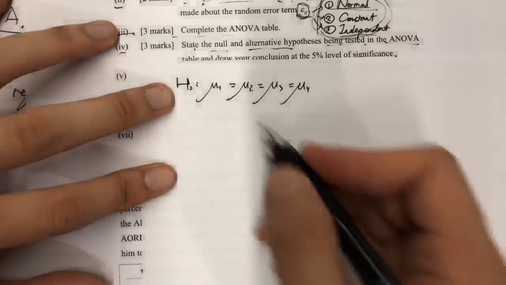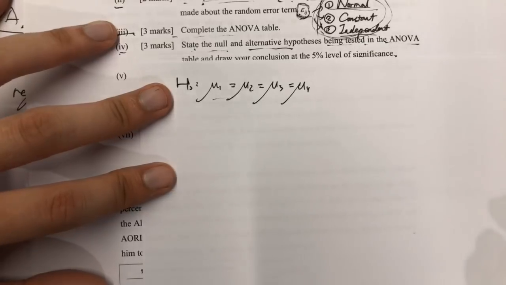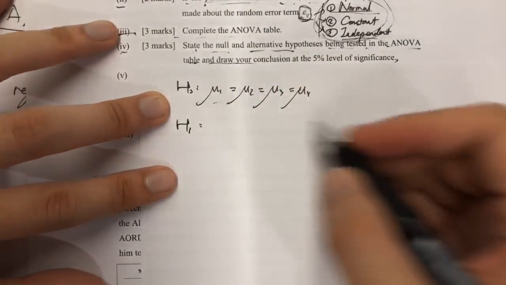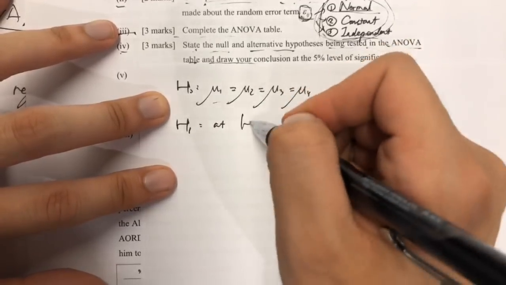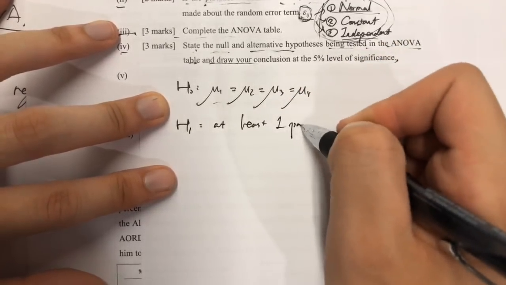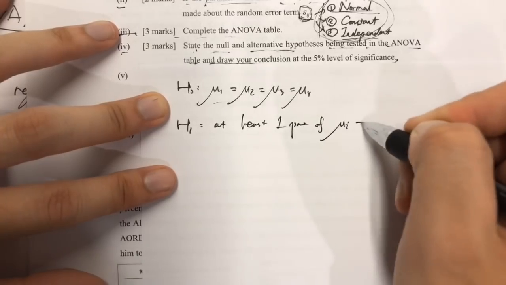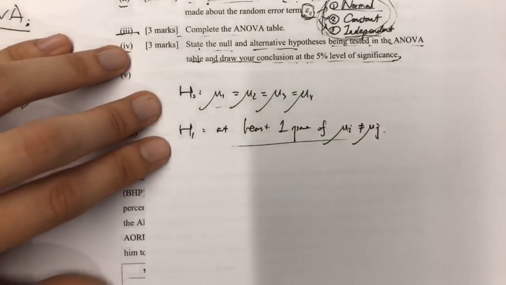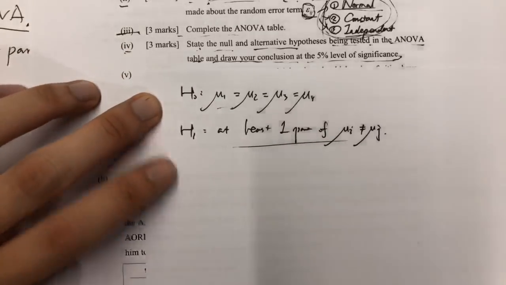Is that right? So all the population means should be equal to each other. And for the alternative hypothesis, it's at least one pair of mu i not equal to mu j. Okay, so those are the null hypothesis and the alternative hypothesis.